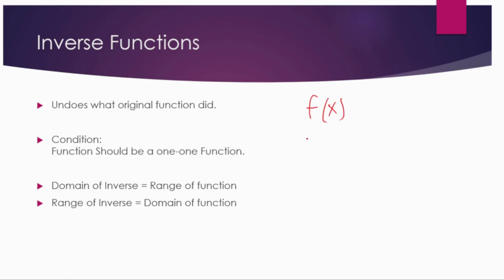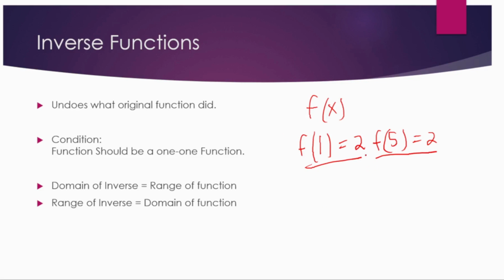So for example, I can say f of 1 is equal to 2, and I can also say f of 5 is equal to 2. I'm taking a function that is not one to one. This is a function which is many to one, as many x values, 1 and 5, are having the same output value, which is 2.